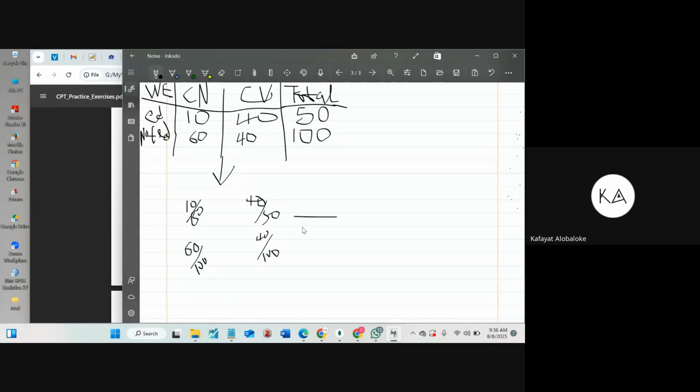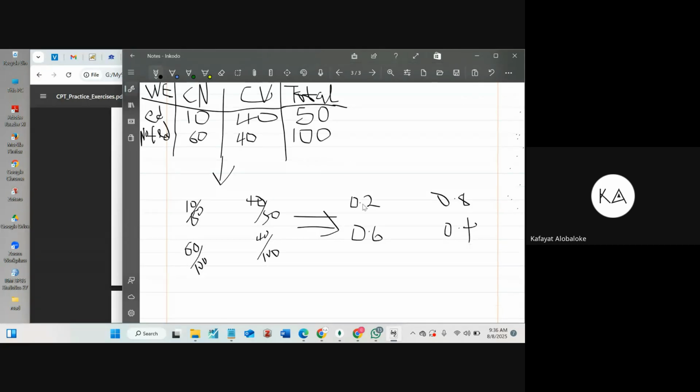Now, 10 over 50 will give us 0.2, right? 40 over 50 will give us 0.8. 60 over 100 will give us 0.6, while the next one will give us 0.4.